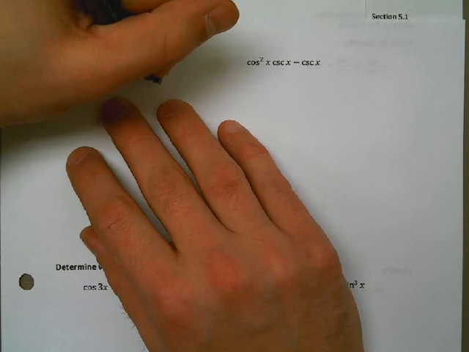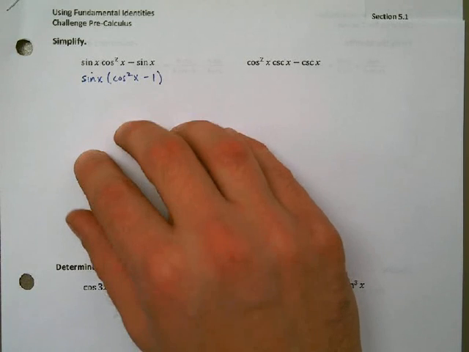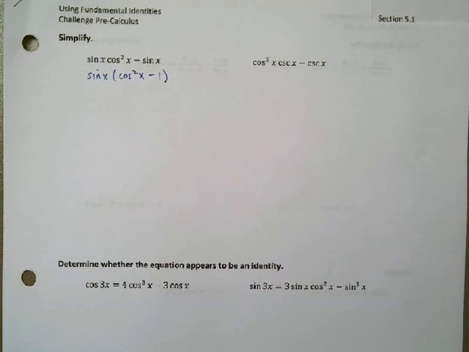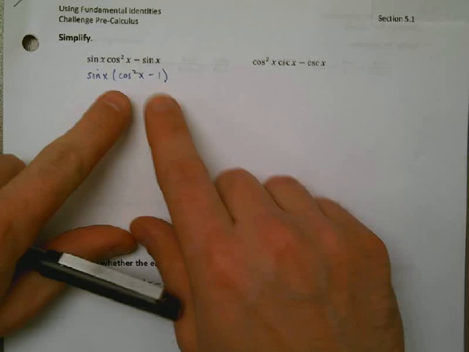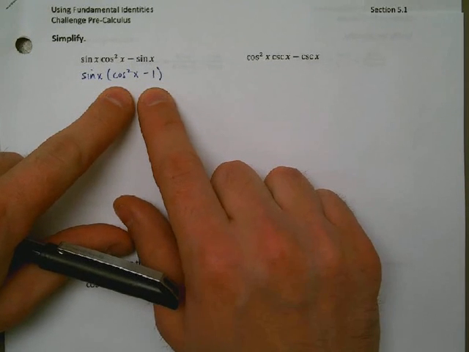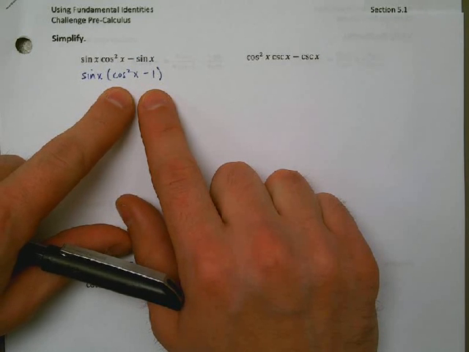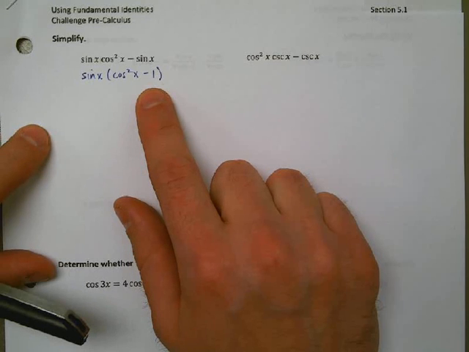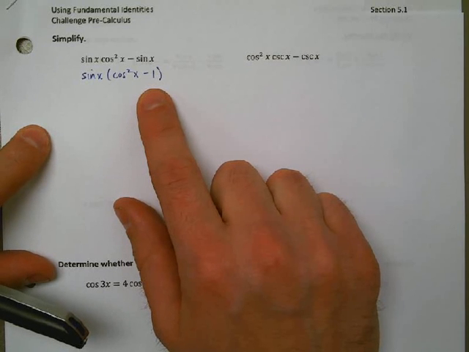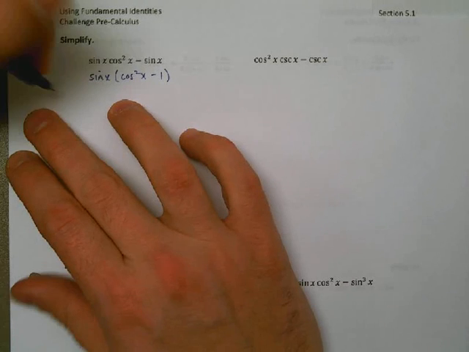You can see then from this that cosine squared x minus 1 is the same thing as negative sine squared x. So where I had this cosine squared x minus 1, I'm going to replace that with a negative sine squared x. So I have really sine of x times negative sine squared x.